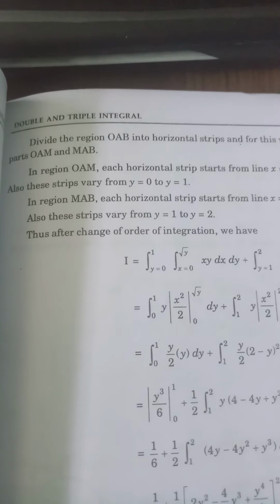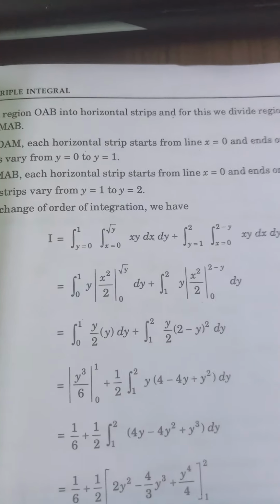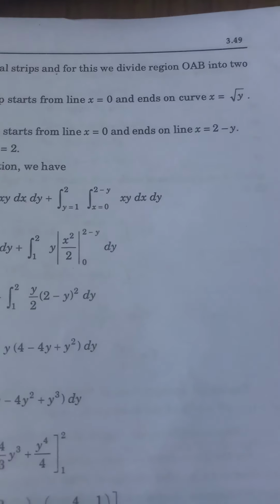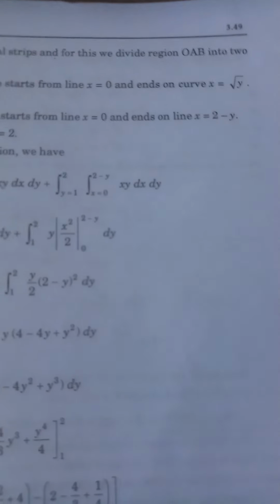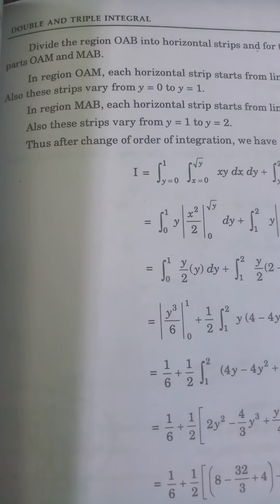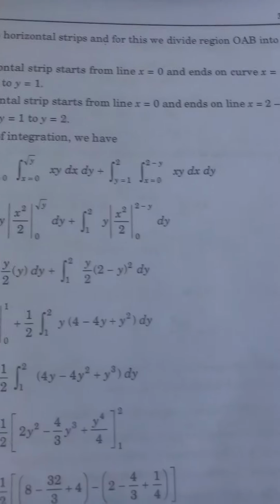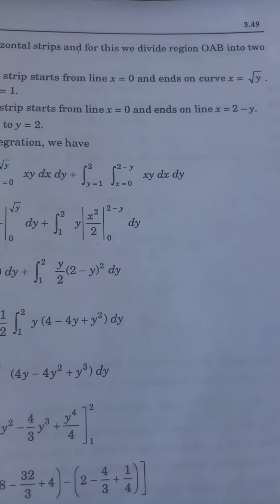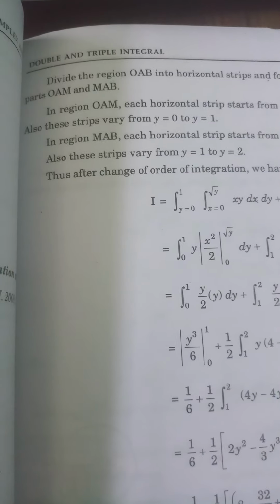In region OAM, each horizontal strip starts from line x equal to 0 and ends on curve x equal to under root y.